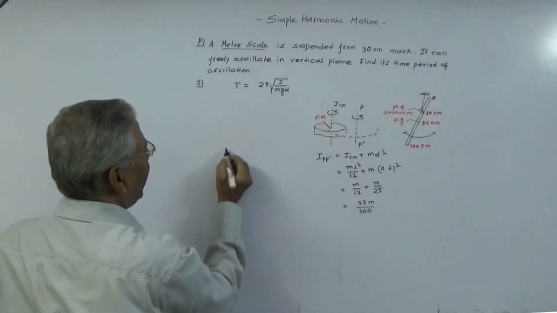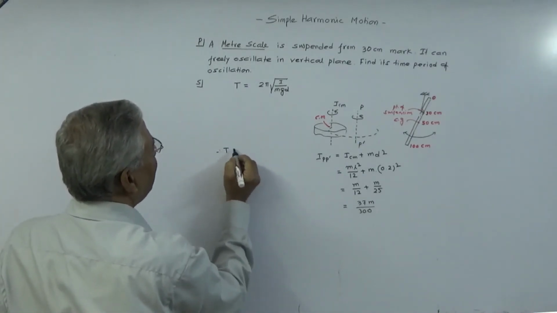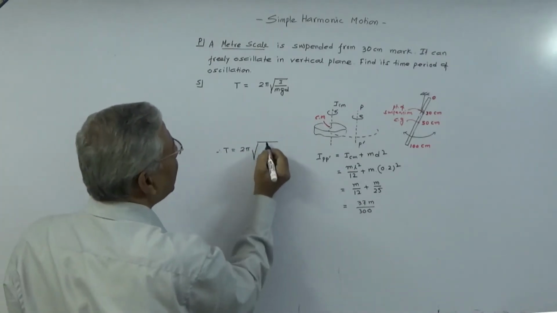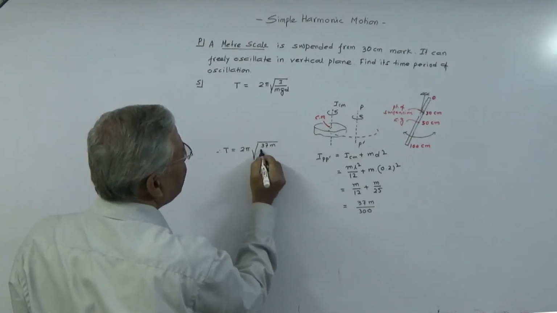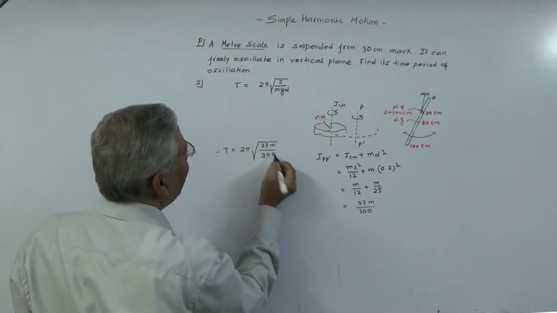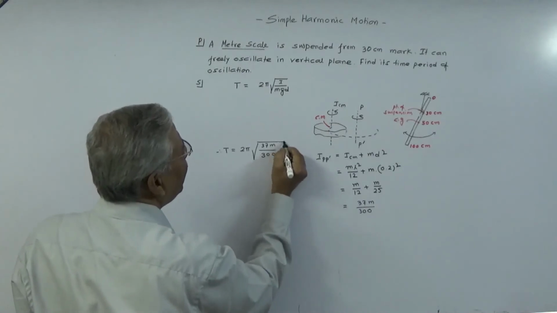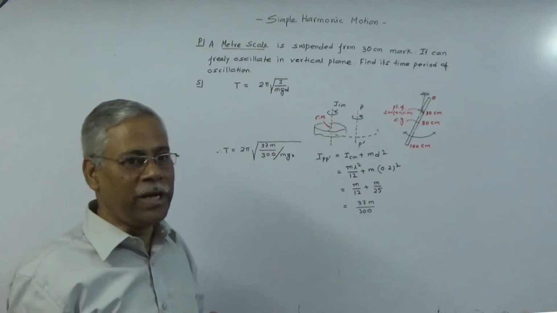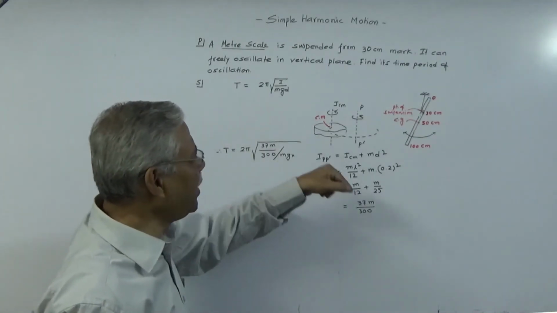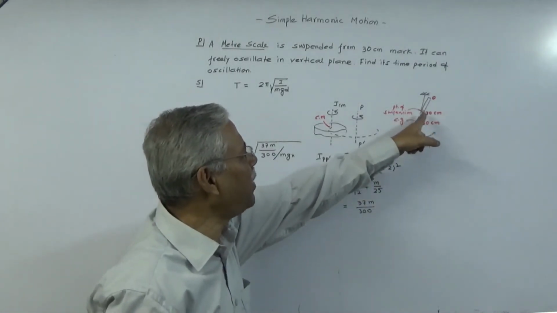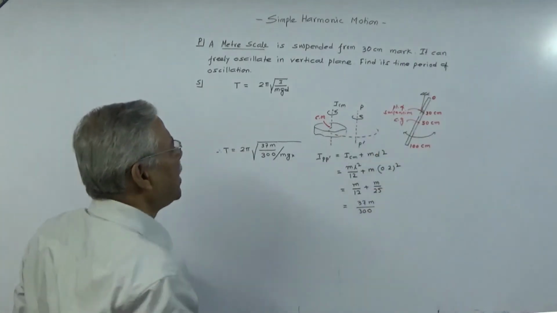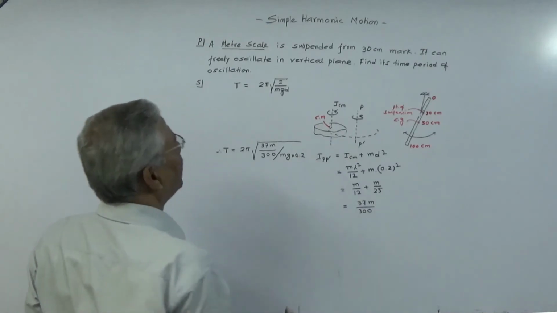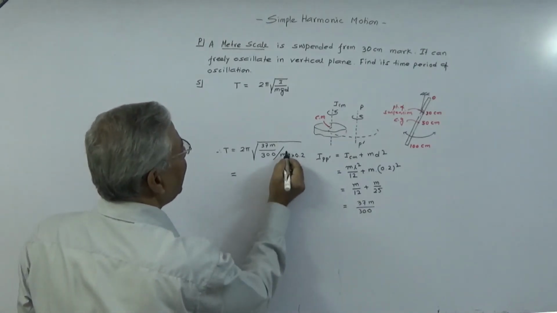Hence, time period equals 2 pi root over I, 37 m by 300, divided by mg into d. D is the distance between the center of gravity and the point of suspension, that is 0.2. m cancelled.